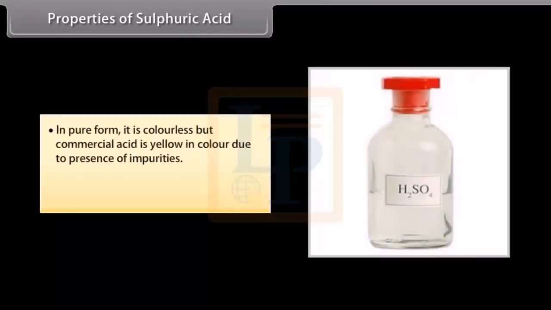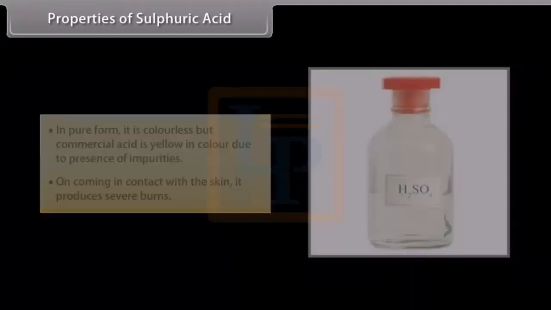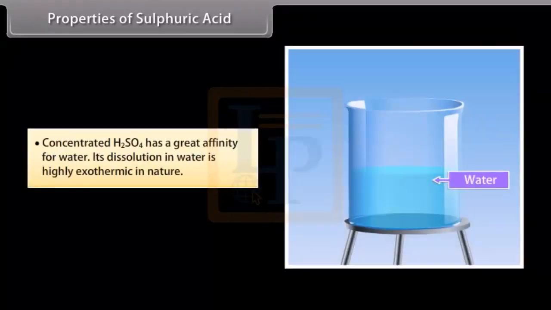Properties of sulfuric acid. In pure form, it is colorless, but commercial acid is yellow in color due to the presence of impurities. On coming in contact with the skin, it produces severe burns. Concentrated H2SO4 has a great affinity for water.